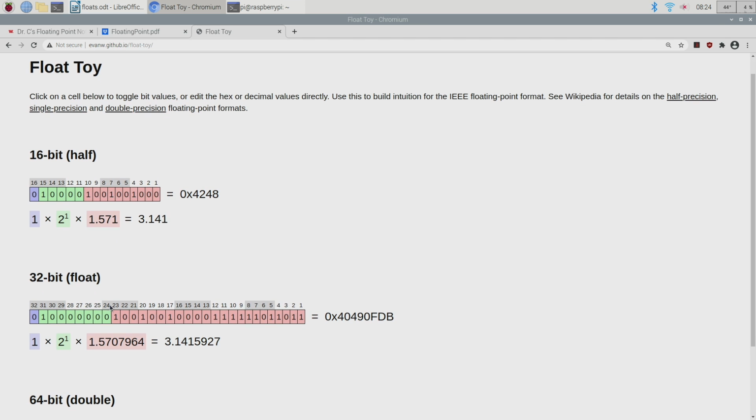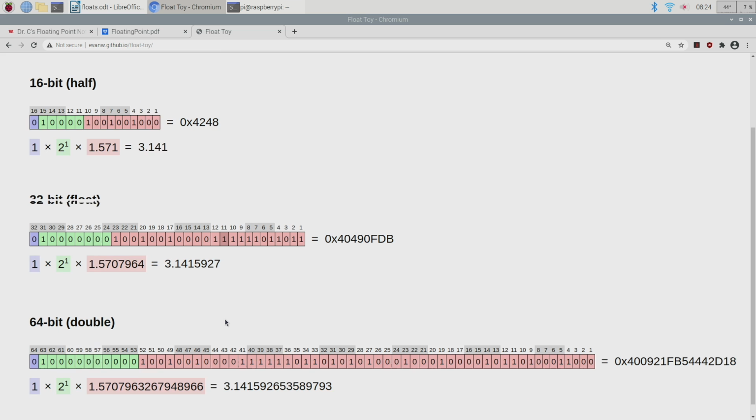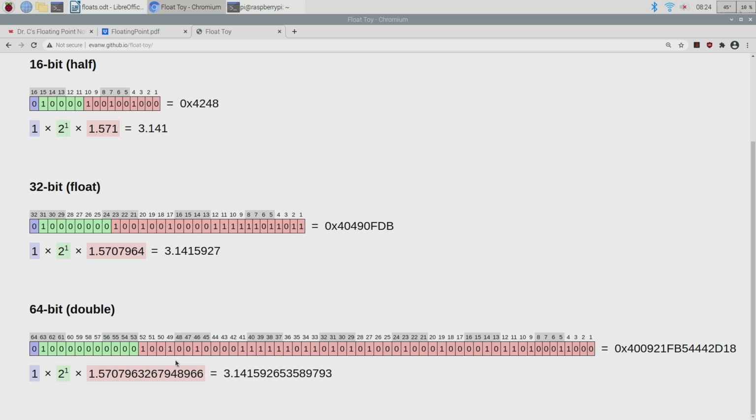And if we keep going down, this pattern continues, right? What is the mantissa here? It starts the same as our mantissa, plus a whole bunch of extra stuff. Great. And even on the 64-bit, this is true, right? So there's a nice pattern to this.